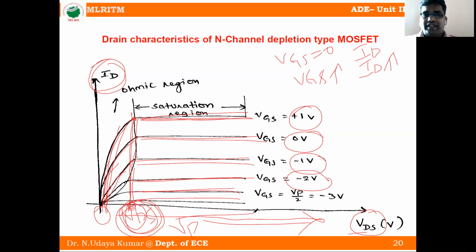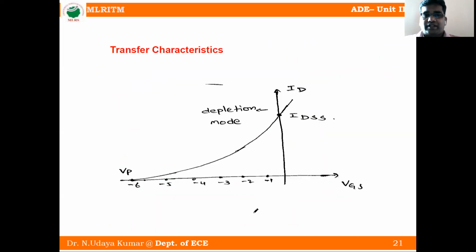Now we will see the transfer characteristics. Transfer characteristics is nothing but the VGS voltage decreasing from 0. Whenever the VGS voltage decreases from 0, -1, -2, -3, -4, -5, the ID current also decreases.